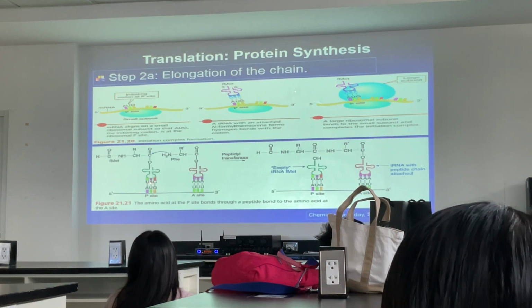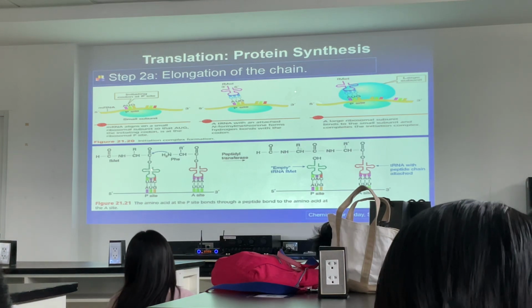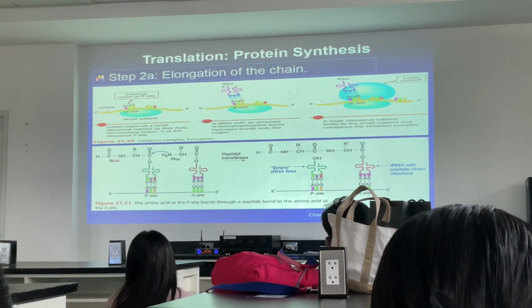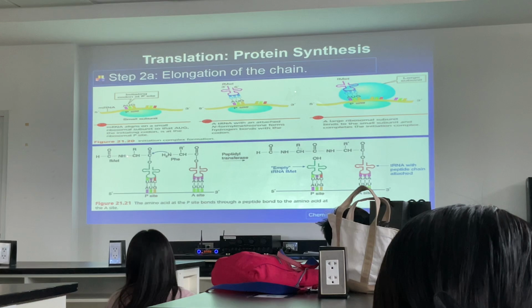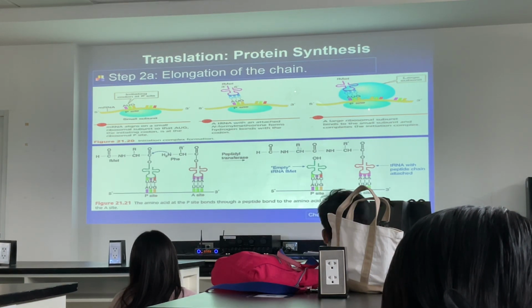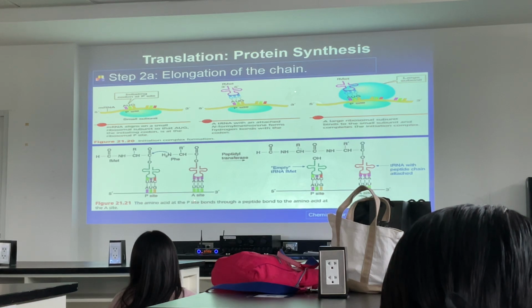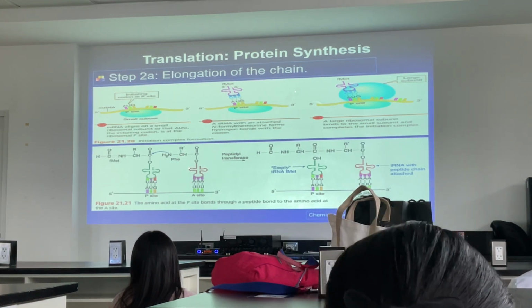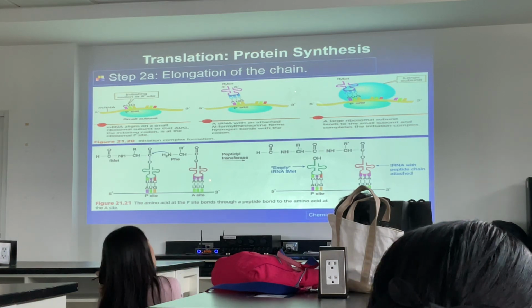On the P site, you have a tRNA bringing with it methionine. And what will happen? There is now another site we call the A site, to where another tRNA will bind.